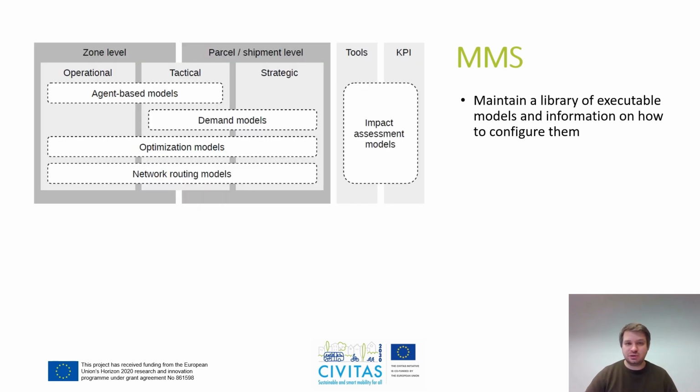As a recap, we can have a look at the modeling library as it was already presented in a previous unit, where we have models on the operational, short-term, tactical, and then strategic, very long-term scale, which respond to different business cases. And we also have the tools to calculate key performance indicators that then assess, for instance, the emissions or congestion or costs of different use cases.